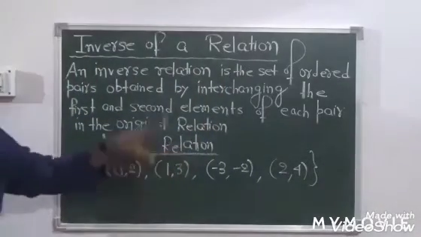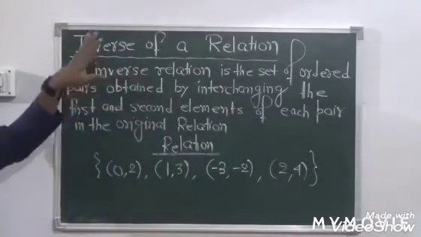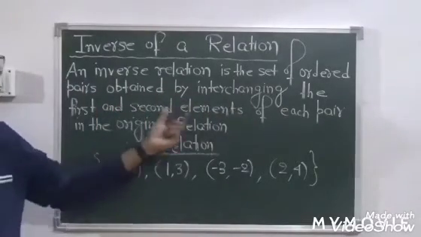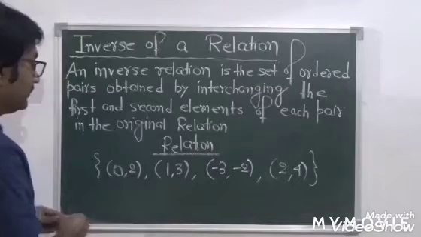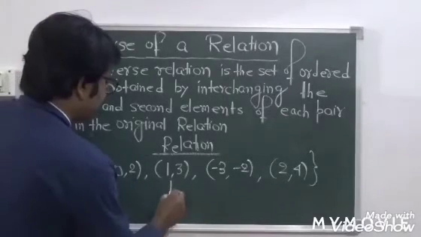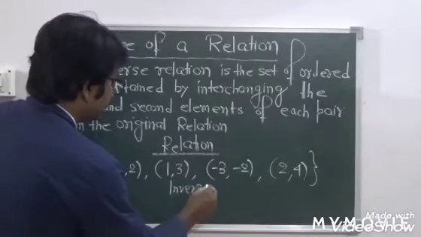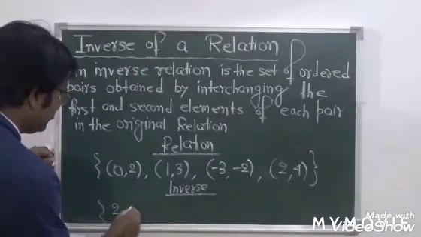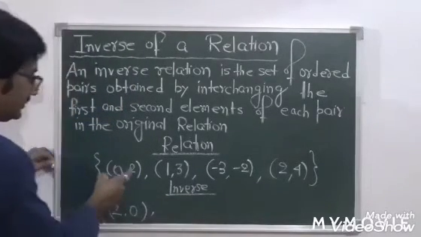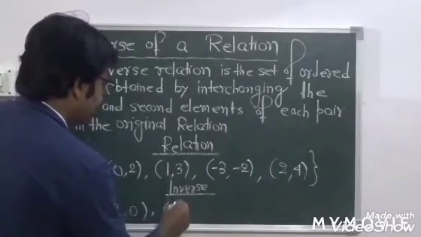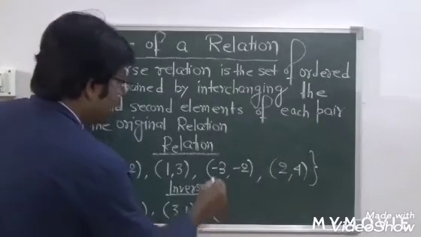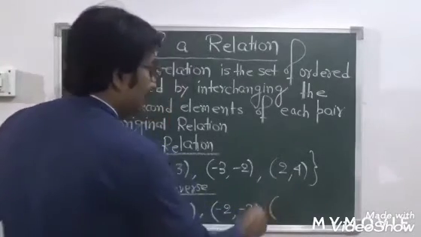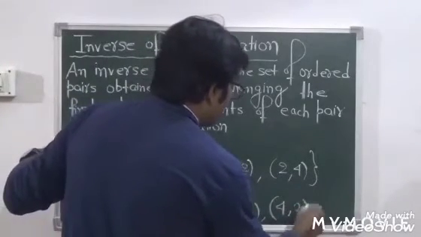Now what will be the inverse of the relation? As the definition says, it is obtained by interchanging the first and the second elements of each pair. So the inverse of this will be: 0, 2 becomes 2, 0; 1, 3 becomes 3, 1; minus 3, minus 2 can be written as minus 2, minus 3; and finally 2, 4 is written as 4, 2.